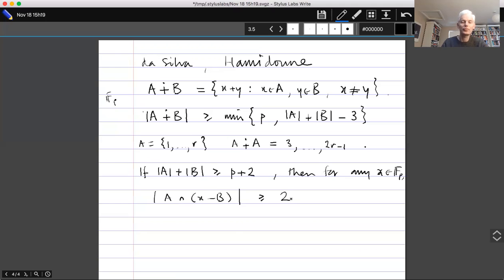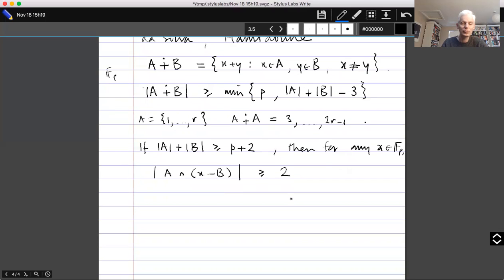So we have at least 2 ways of writing x as a plus b. Now, p is prime, so there's only one way of writing it with a equals b at most, and that is just a equals b equals x over 2, or the inverse of 2 times x.